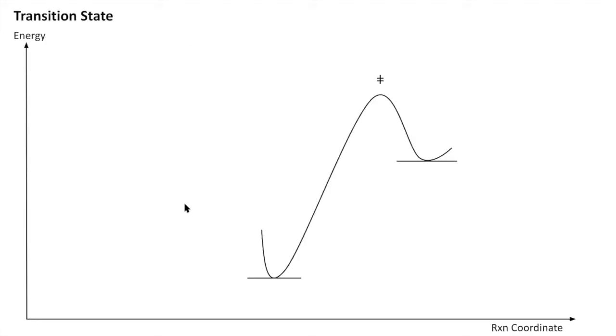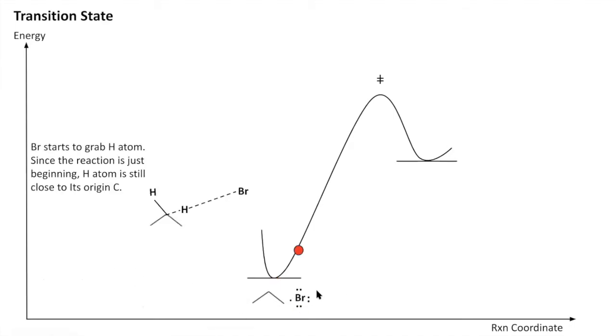So let's break it down and watch as it happens on this Hammond postulate animation. When the reaction begins, the bromine is far away from the alkane and it comes on over, and once it gets close enough, it can start to rip off this hydrogen. As it's ripping off the hydrogen, initially at the beginning, the hydrogen-carbon bond is only a little longer than normal. And this HBr bond that's going to form is super long and weak at this point.